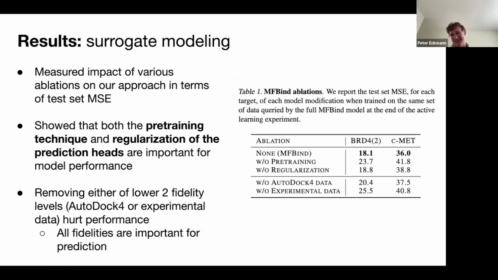Yeah, comparing the relative importance of the two different data sources makes some sense to do. It seems that both help to some extent, but experimental data seems to be more important than AutoDock.